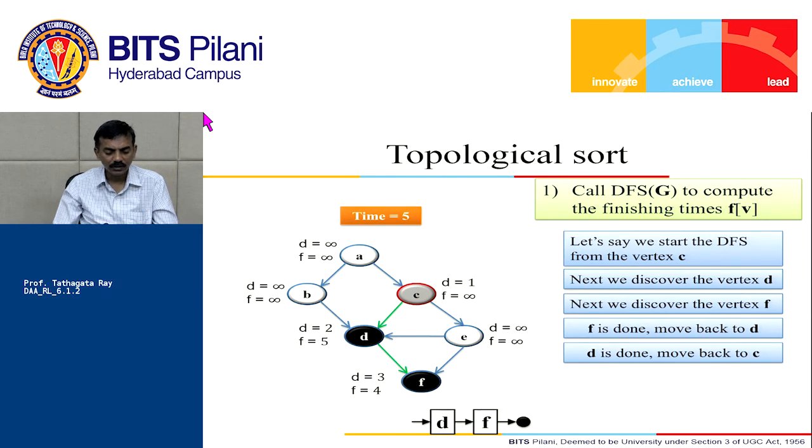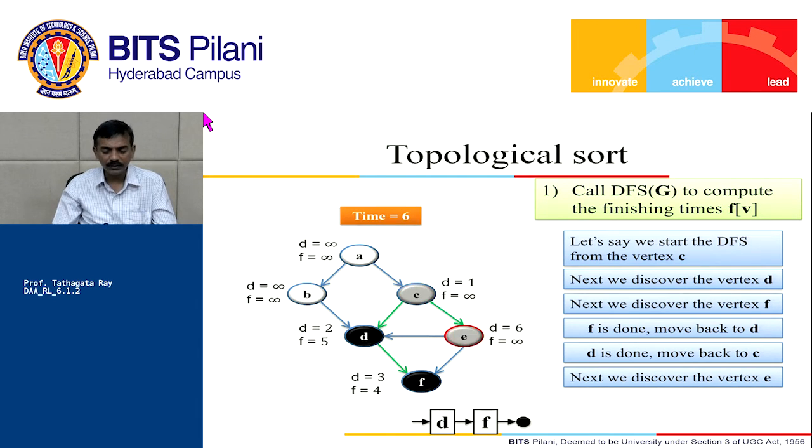From D, the call goes back to C. So we go back to C at time equal to 6, and then we ask whether there is a neighbor of C which is unvisited. And it so happens that yes, E is a neighbor of C which is still unvisited.